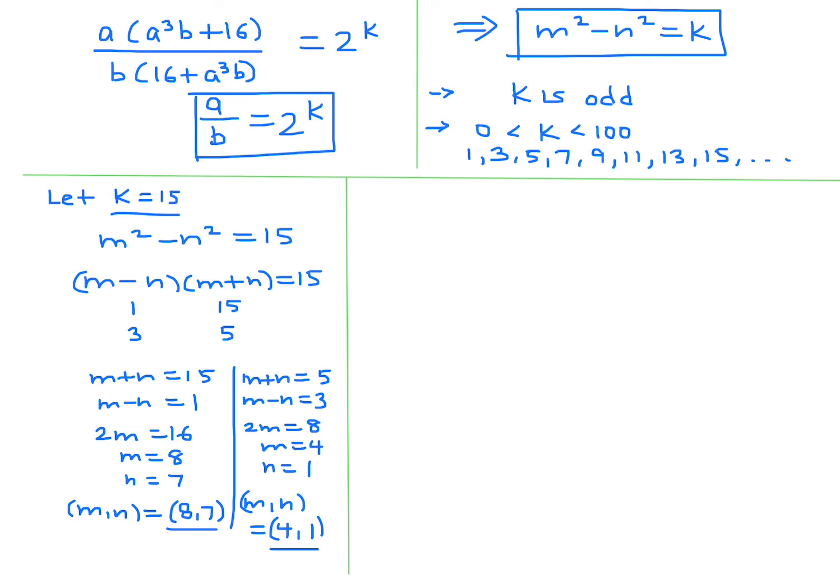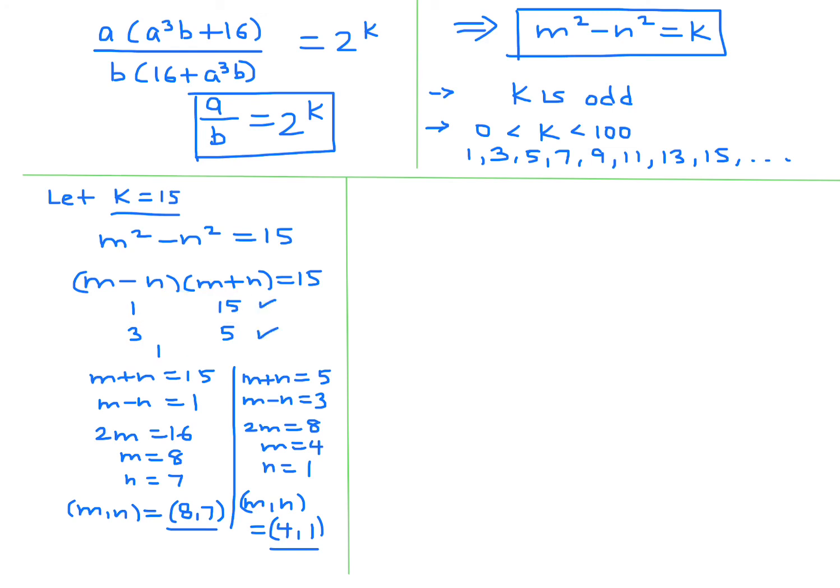There's no way. And the good news is you don't have to do it the long way. There's a shortcut, and here is the shortcut. What I did here is something that needs to be done for every single scenario that works. What I basically did was I broke up k into its factorization, right? Either 1 times 15 or 3 times 5. And there were two of them.